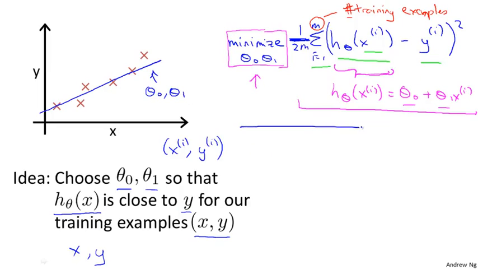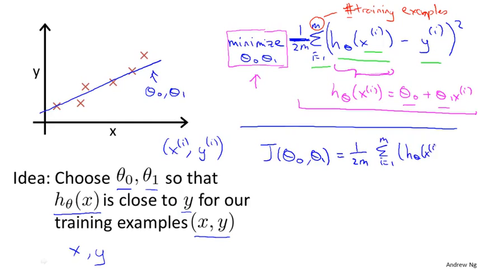And just to rewrite this out a little bit more cleanly, by convention we usually define a cost function, which is going to be exactly that formula that I have up here. And what I want to do is minimize over theta 0 and theta 1 my function J of theta 0 comma theta 1.